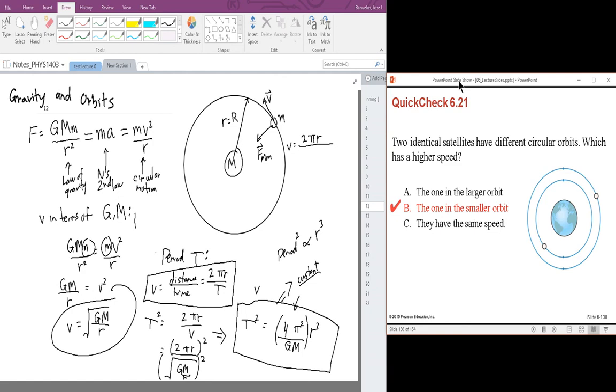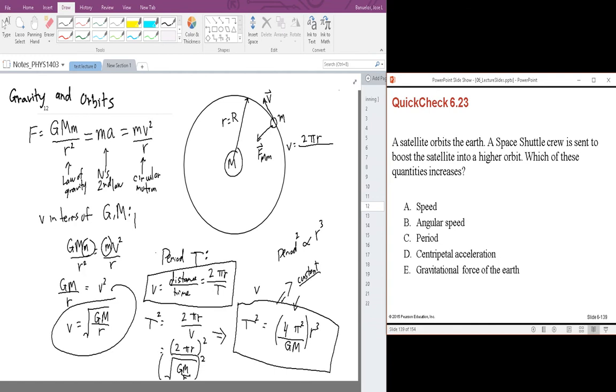And a very good example of this has to do with the planets around the solar system, where planets like Mercury and Venus go around the sun a lot faster than planets like Uranus and Neptune. And it's because they follow these exact laws.